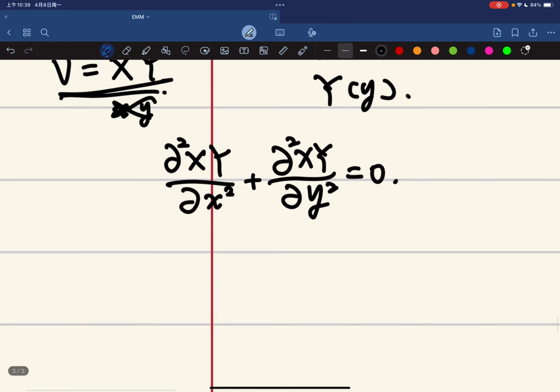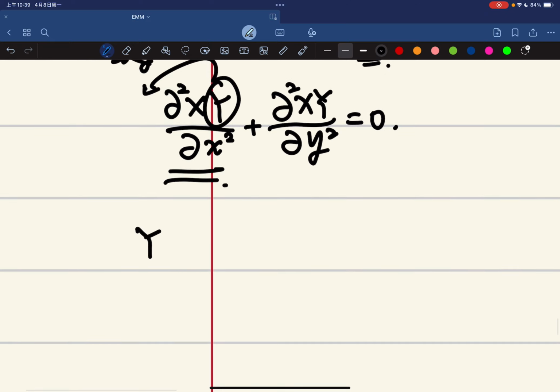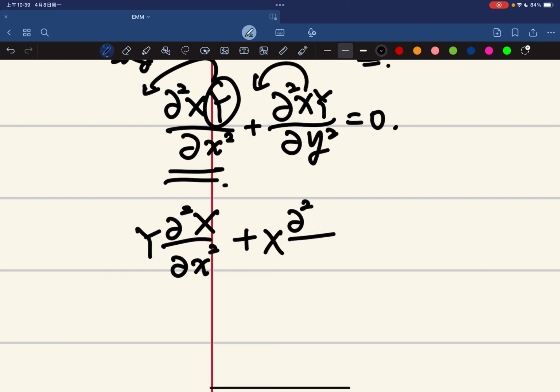Okay, and for this one, because we know Y only consists of y, we can put it out. And we can take X out, equals to 0. Okay, now we have this form.